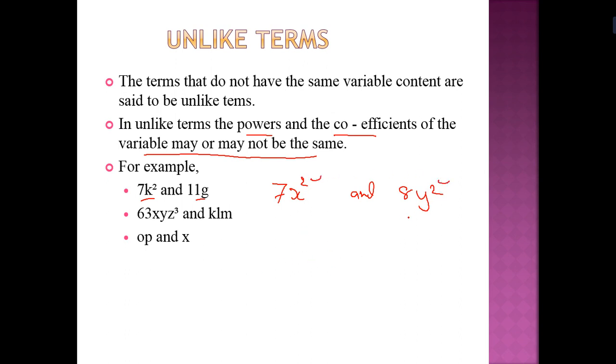Power is same, but variable is not same. That is unlike term. So we can do the addition of like term, subtraction of like term, but we cannot do addition, subtraction of unlike term.